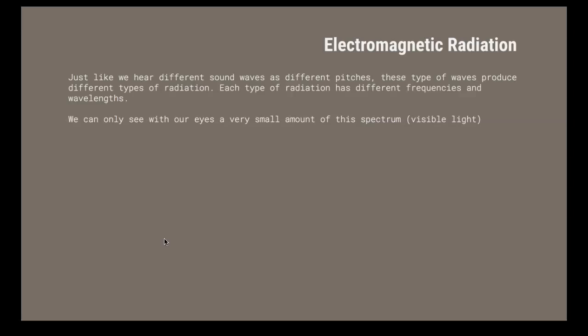Our eyes only have the ability to see one of the types of radiation, which is called visible light. We just don't have sensors in our eyes to absorb any of the other types of radiation, so we can't see any of the other types. They're invisible to us.